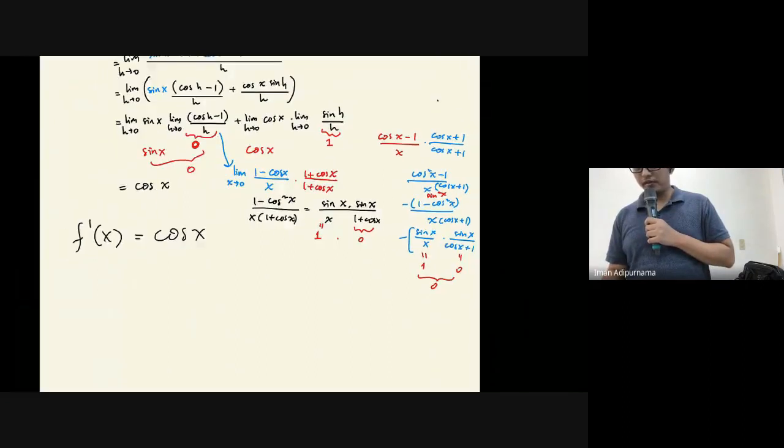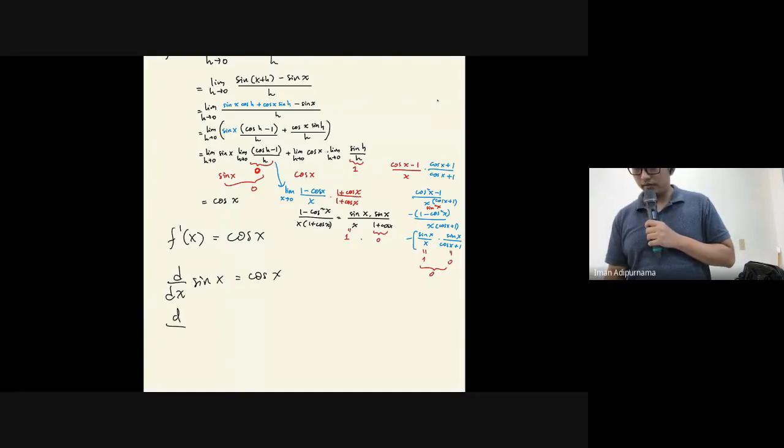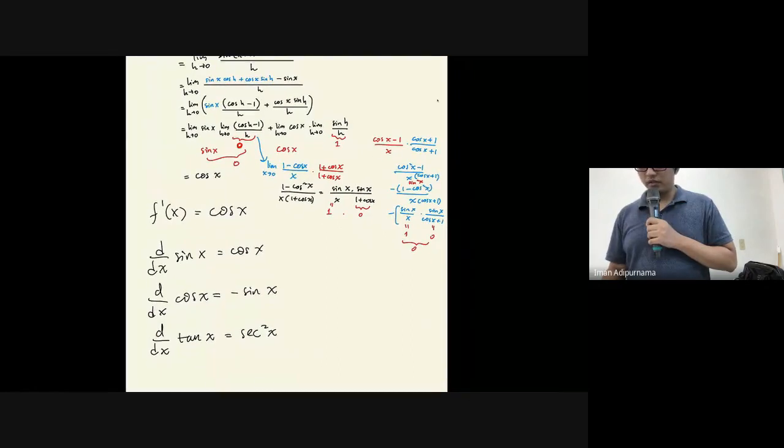I will just write several examples. I will not prove all. If you want, you can try by yourself. So first is sine x is cos x. You may choose to memorize or not. It's up to you.